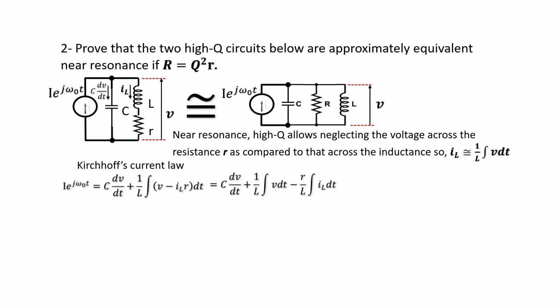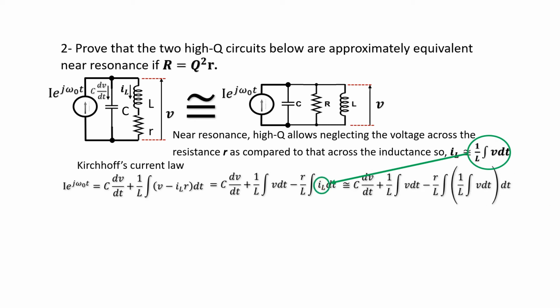So I sub L is approximately equal to the integral in time of the entire source voltage V over L. Let's replace I sub L. About V, we already know the solution to the differential equation, so we can replace all the V's with it.